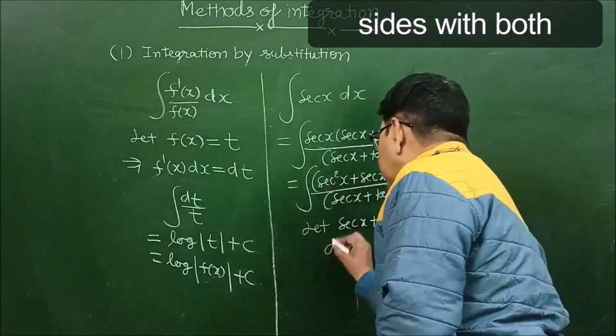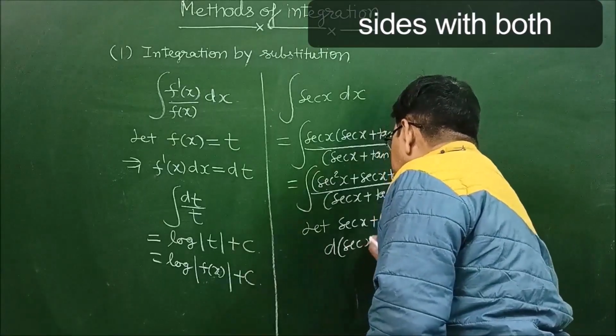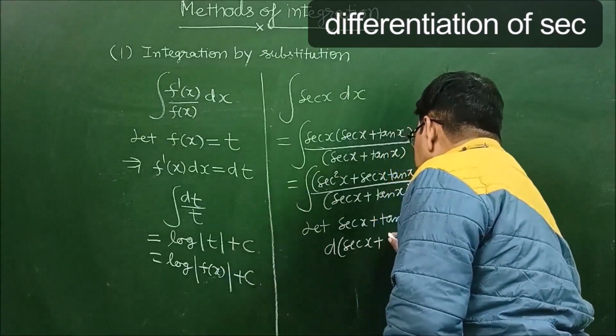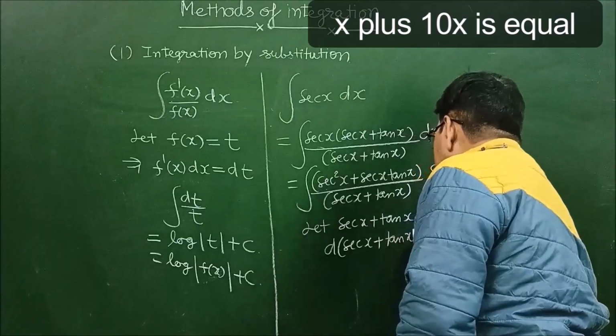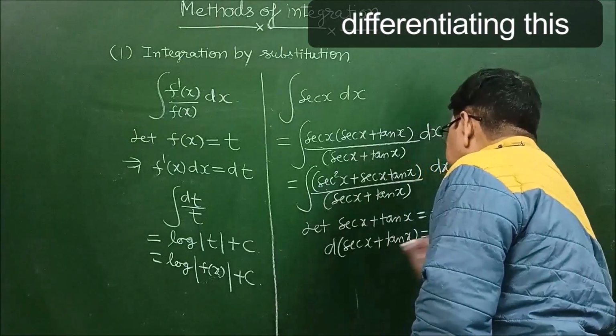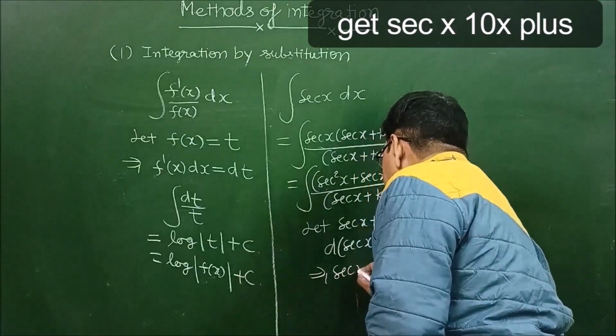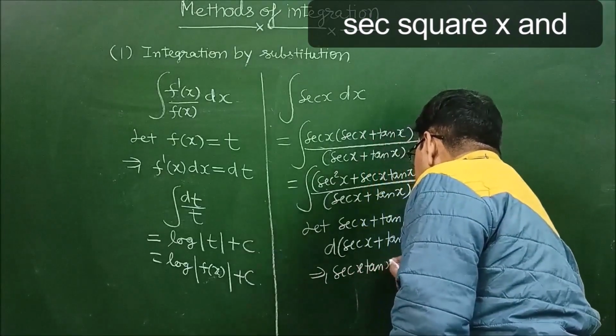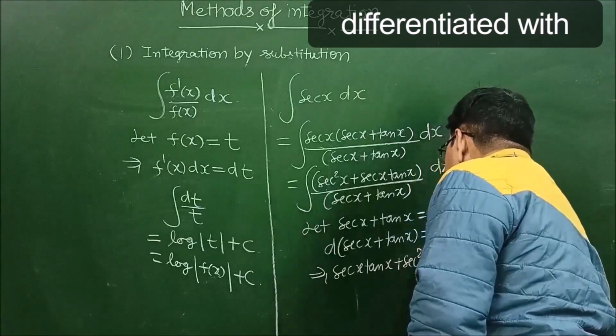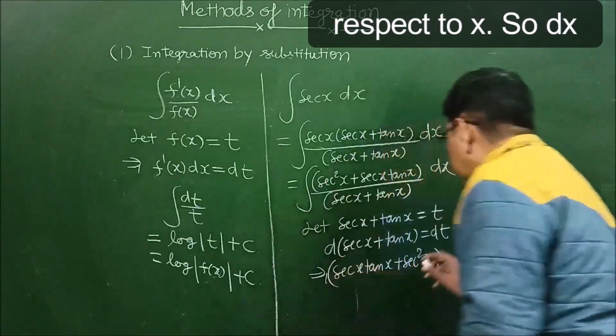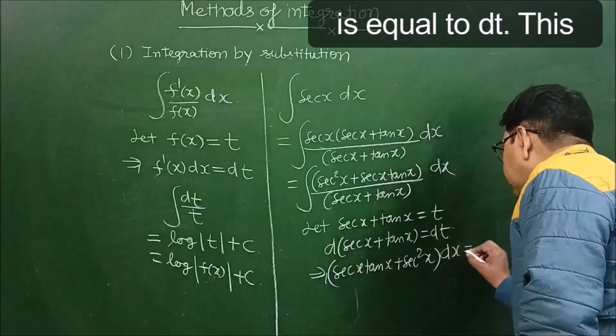Now differentiating both sides, we get sec x tan x plus sec square x dx is equal to dt.